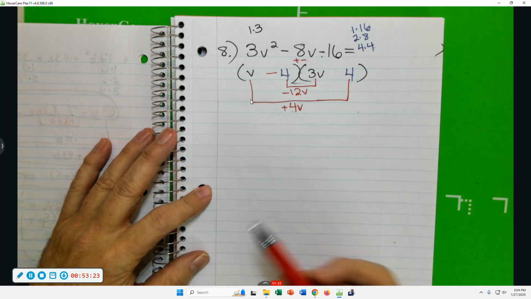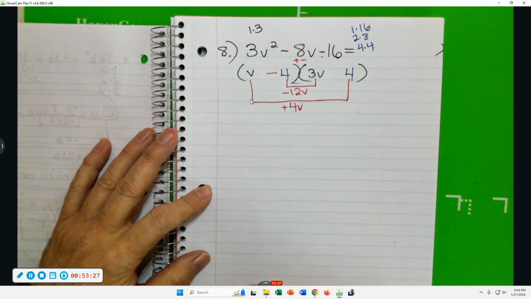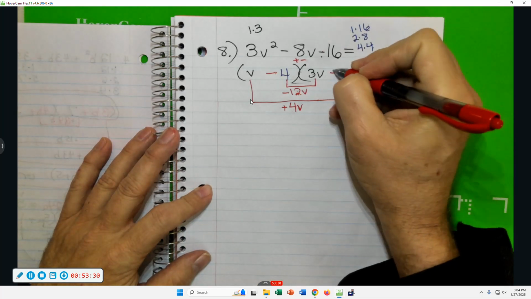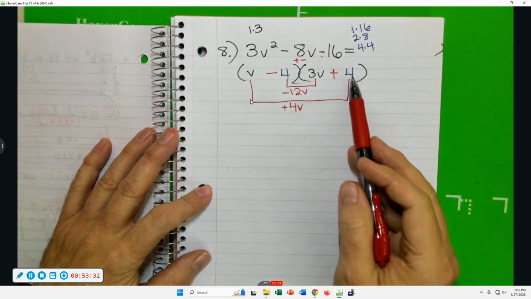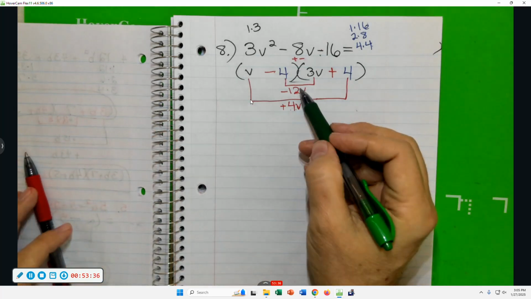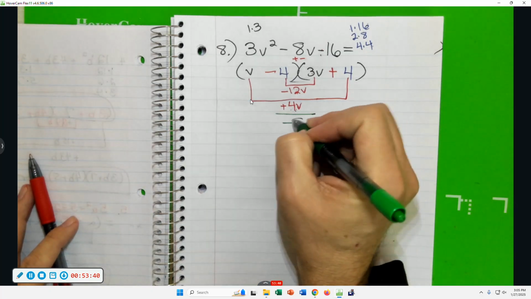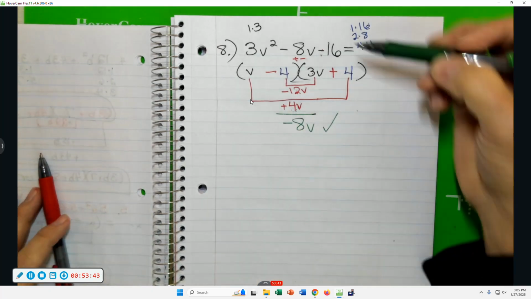Do y'all follow my logic? The negative 4 times 3 gave me the negative 12. Put the positive there. 1v times positive 4 gives me that positive 4v. And if you add them, negative 12 plus 4, sure enough, you're getting a negative 8v, which is what we needed.